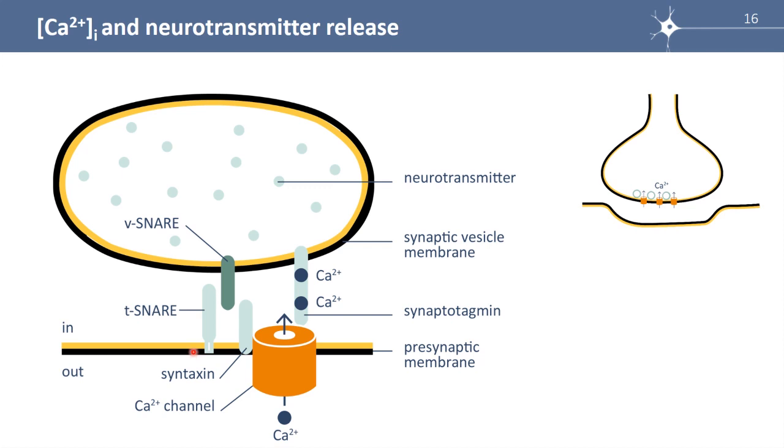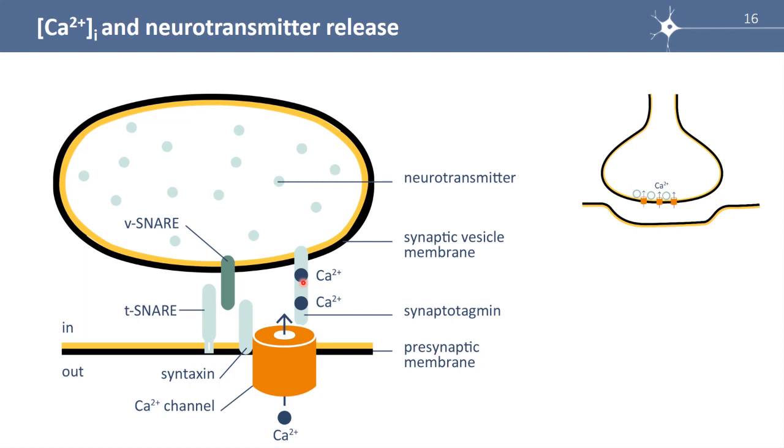The entire complex here makes the vesicle attached to the presynaptic membrane and accounts for the fact that the calcium entrance is very close to the vesicle and very local. When calcium ions enter the intracellular medium of an axon terminal, they bind to a protein here called synaptotagmin.